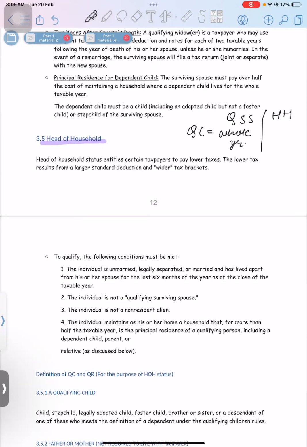For HOH, head of household, you should have a qualifying child, or a qualifying relative can also work, who should be living with you for half of the year. Now we understood the difference between QSS and HOH. Maximum questions will be based on QSS and HOH status in the exam also. There will be a very minute difference and you will get confused between two options, either QSS or head of household.